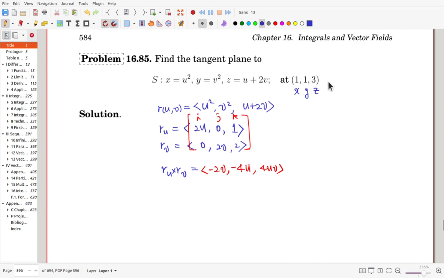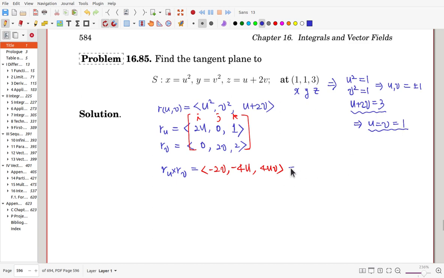So from this data, we can see x: u squared equals 1, y: v squared equals 1, and z: u plus 2v equals 3. From this, u and v must be plus or minus 1. Now, to satisfy this equation, we have to have u and v equal 1. So the corresponding point in the uv domain is (1, 1).